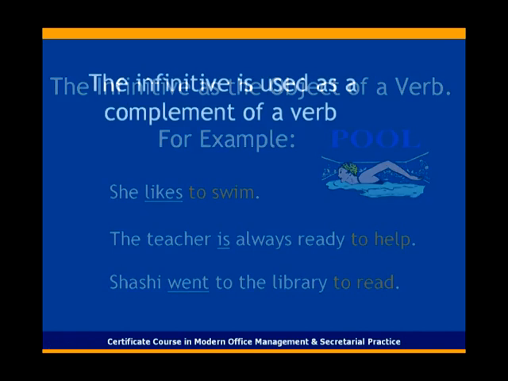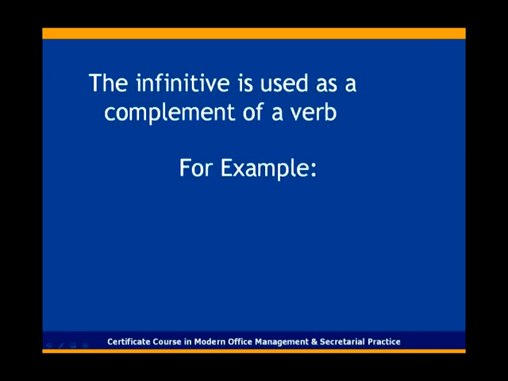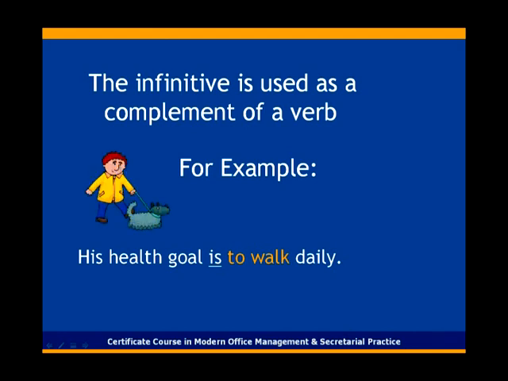The infinitive acts as a noun when it is used as a complement of a verb. For example, his health goal is to walk daily. In this sentence, is is the verb.